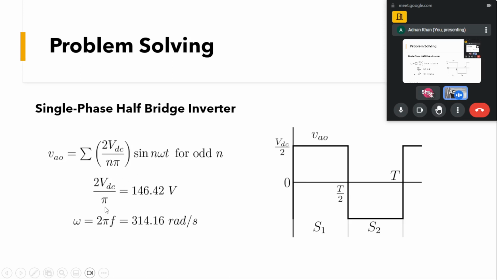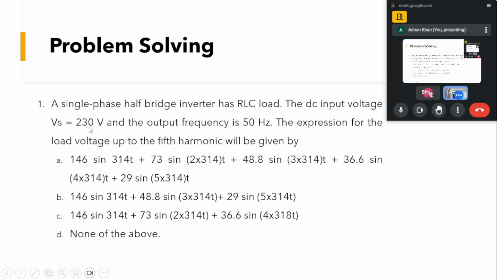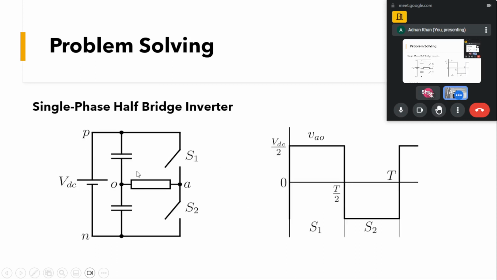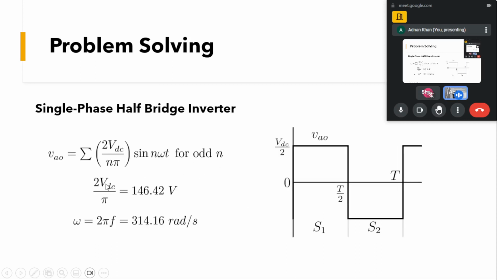We know the VDC is 230 volts, and 2VDC by pi comes out to be 146.42 volts. Also, like I earlier told, omega is equal to 2 pi into 50, which is 314 radians per second.